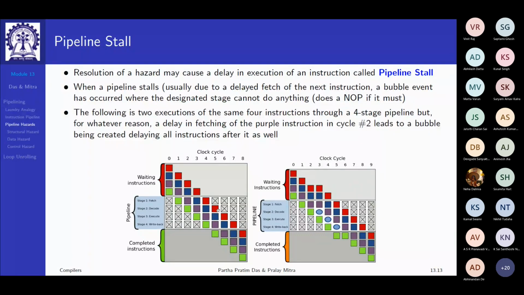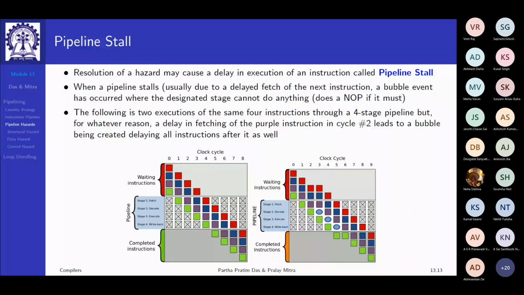Now let us assume that for some reason, and the reasons could be many, let's say when we are in cycle 3, for the decode of the purple instruction, you get into some problem. I'm sorry, in cycle 2, you get into some problem so that you are not able to complete the decoding in cycle 3 as expected.